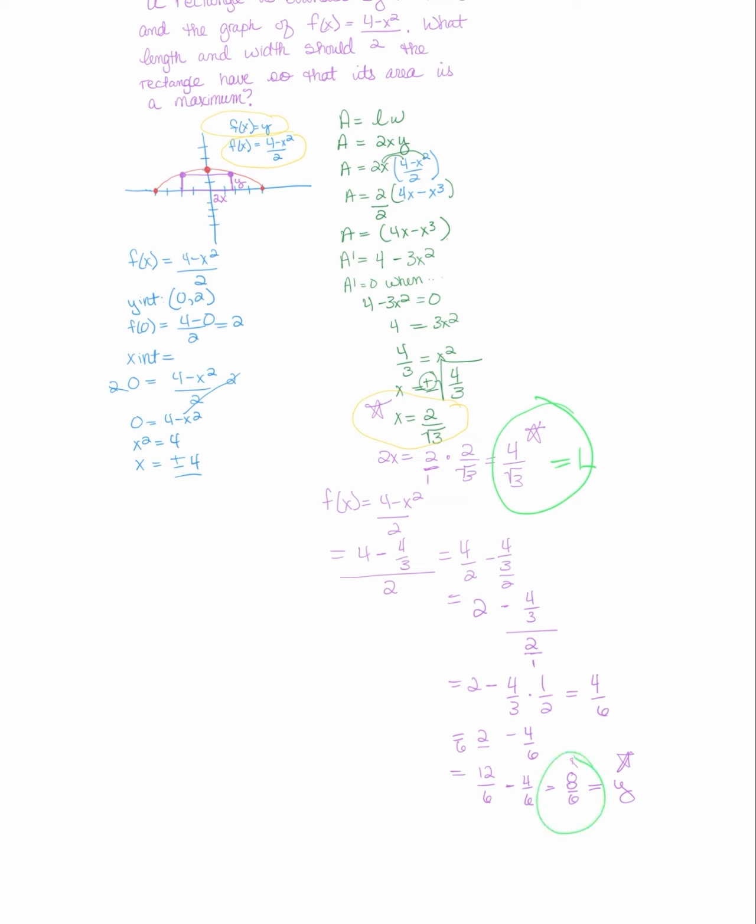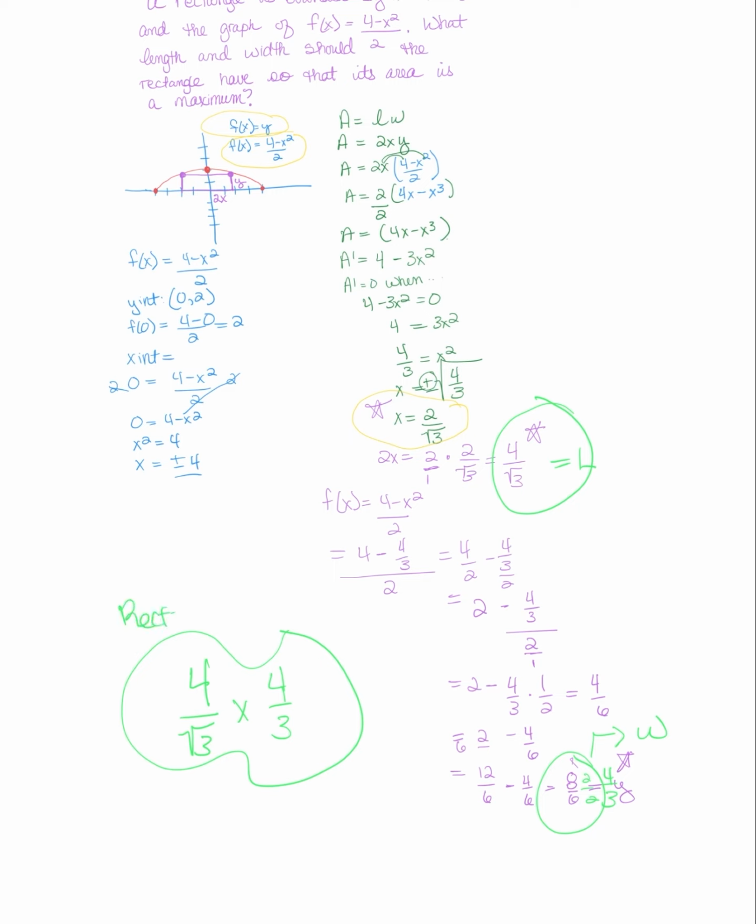And then our width is our y, so our dimensions are 4 square root of 3 by 8 over 6, which reduces, we divide that by 2, we're going to get 4 over 3. And this is the length and width of our rectangle.